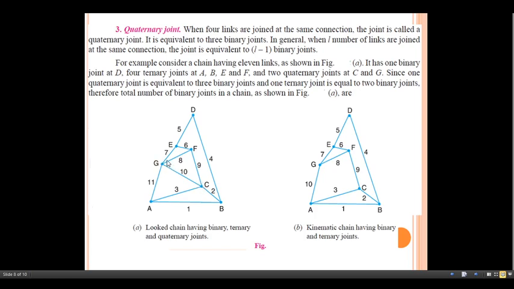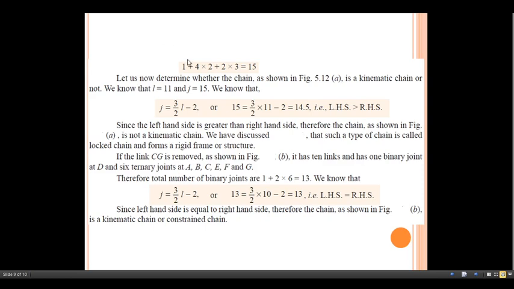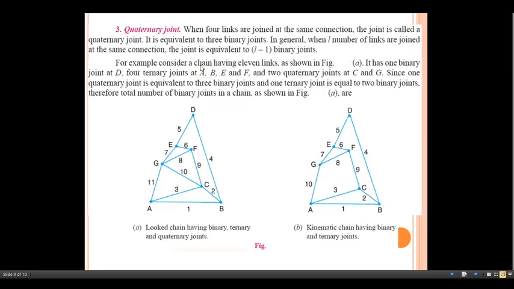Since one binary joint is counted as one, and one ternary joint is equal to two binary joints, the total number of binary joints in the chain shown in figure A can be calculated in this way. So one binary joint plus four ternary joints.